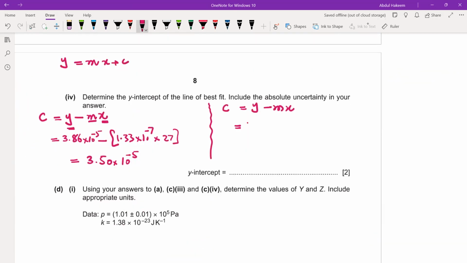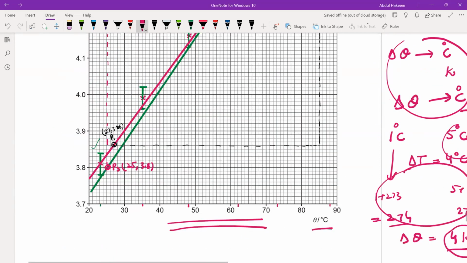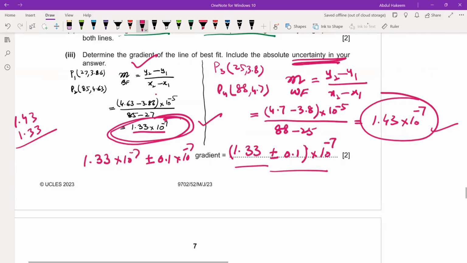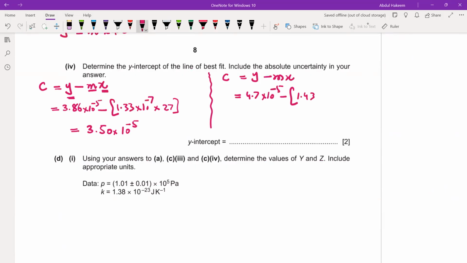So we use this 4.7 into 10 power minus 5 minus the gradient of the worst fit, which is 1.43 into 10 power minus 7, multiplied by the x coordinate, 88, and after calculation it comes 3.44 into 10 power minus 5.